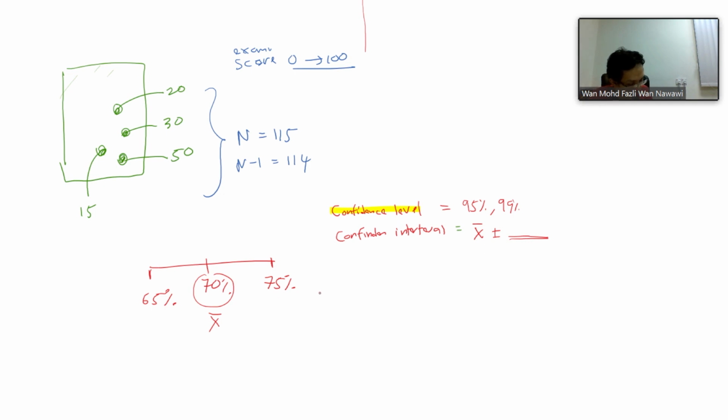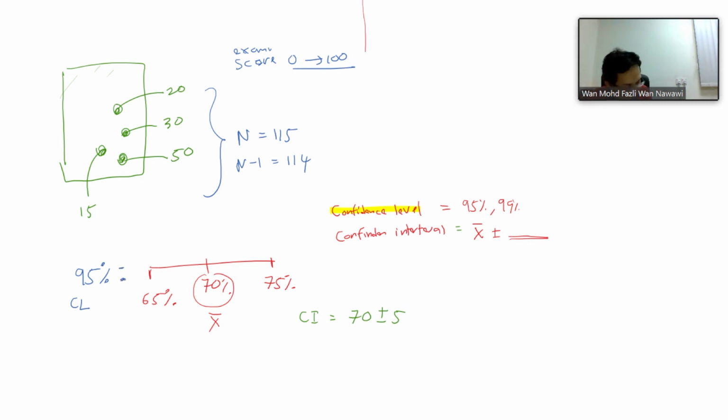So you can say your range is 70, 75. Your confidence interval is basically 70 plus minus 5. So let's say this is a 95% confidence level, okay.